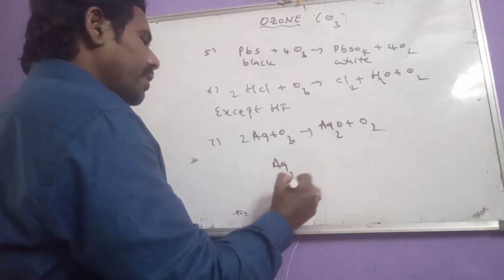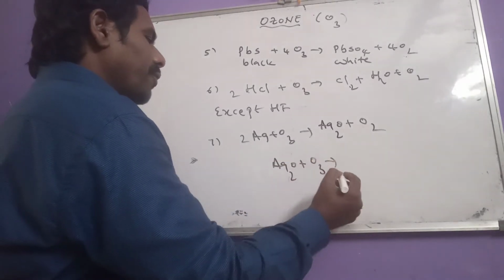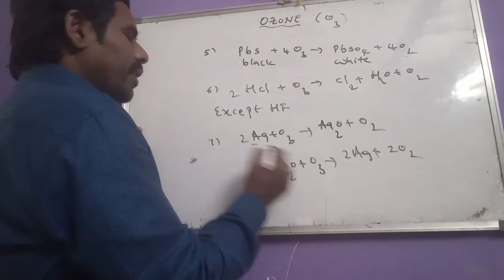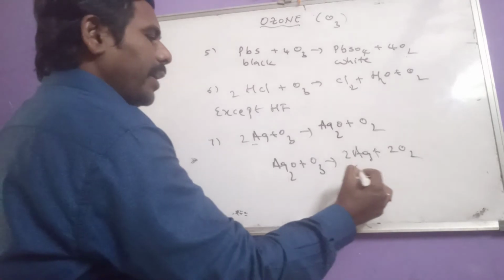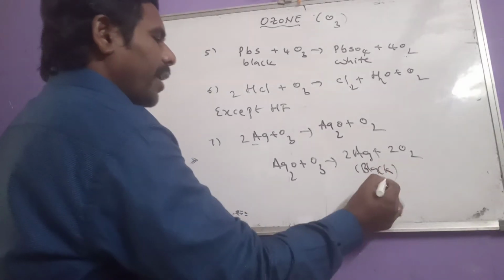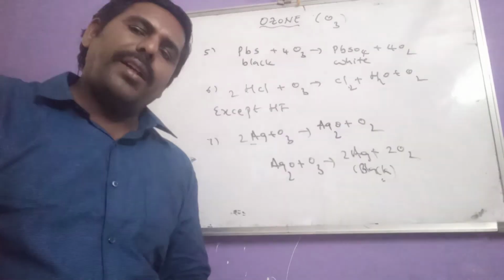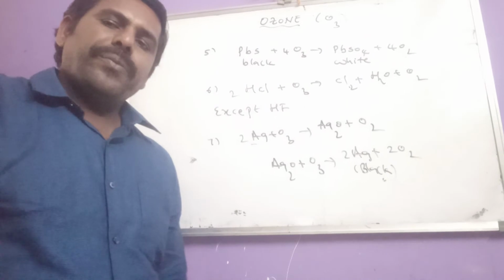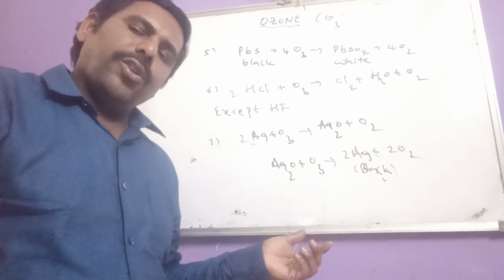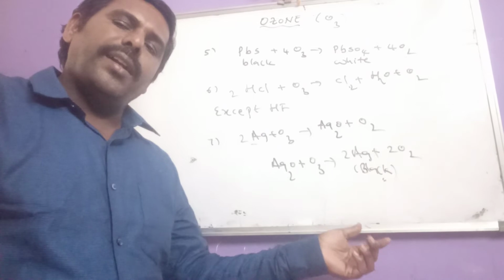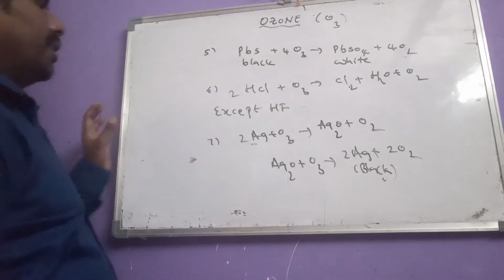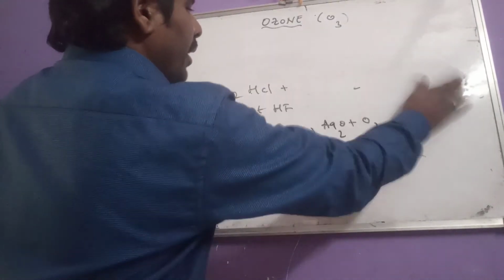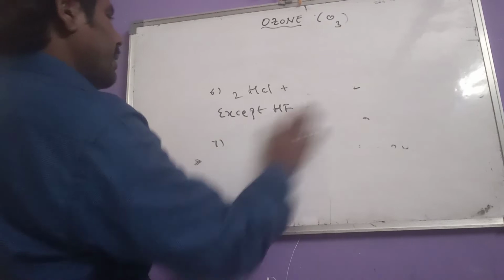But this silver oxide reacts with excess ozone and converts into silver again, which turns black in color. So silvery white Ag, when treated with ozone, converts into black colored silver. This is another oxidizing property. In all these oxidizing properties, we observe liberation of oxygen.